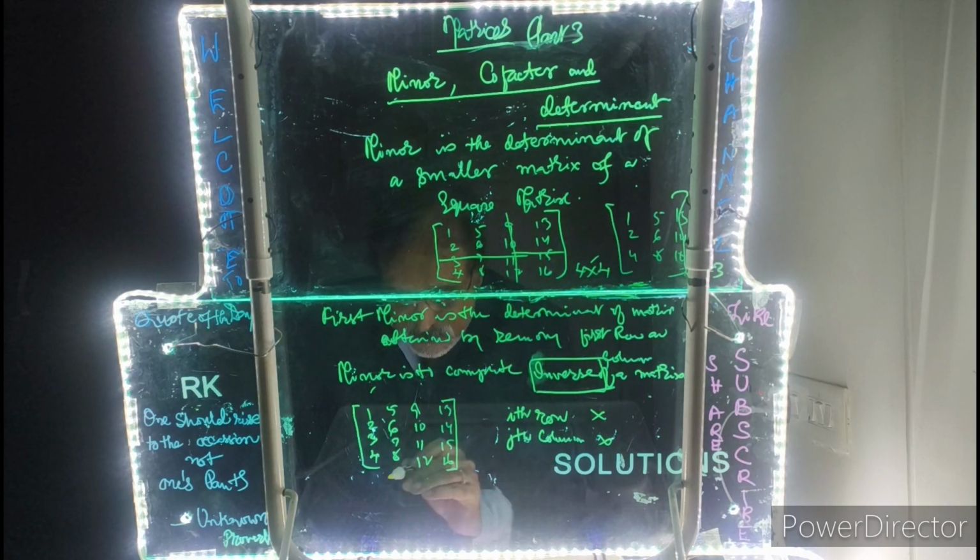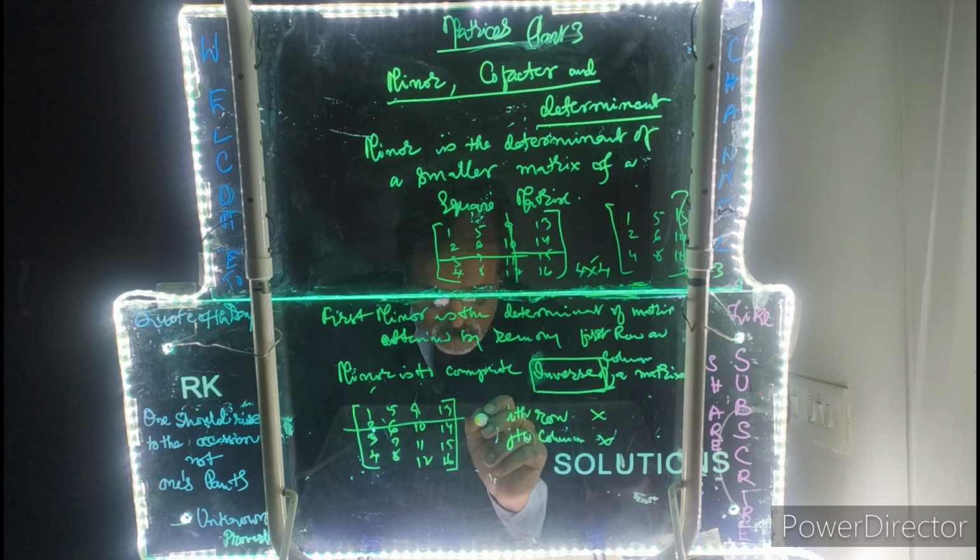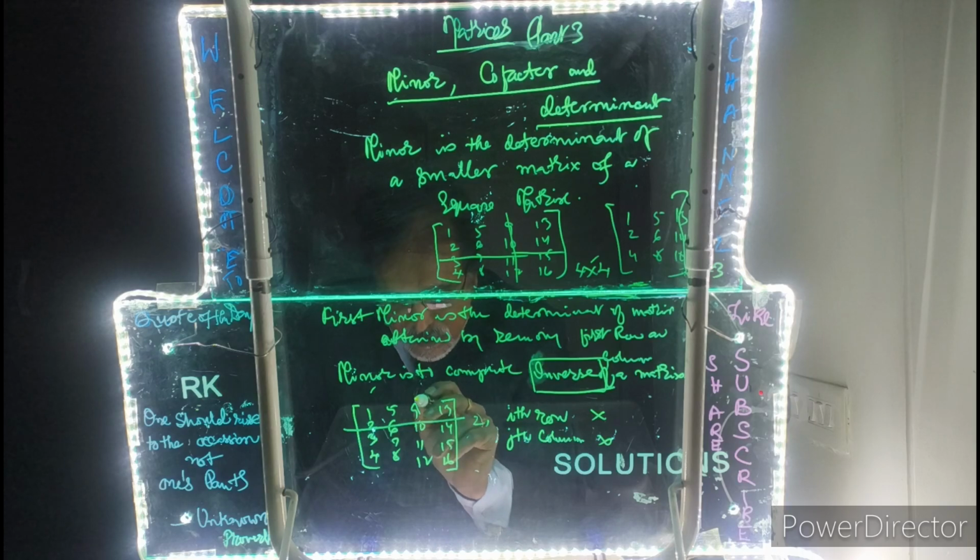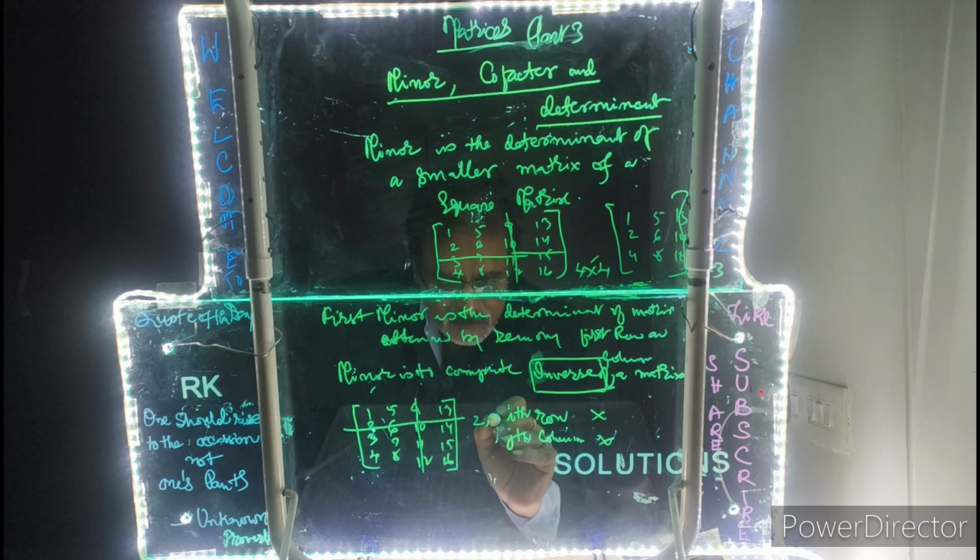But if you remove the second row, that is i = 2, and third column, j = 3, this submatrix is represented by minor matrix M23.